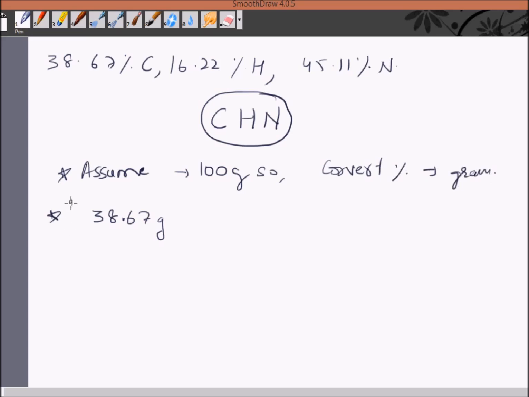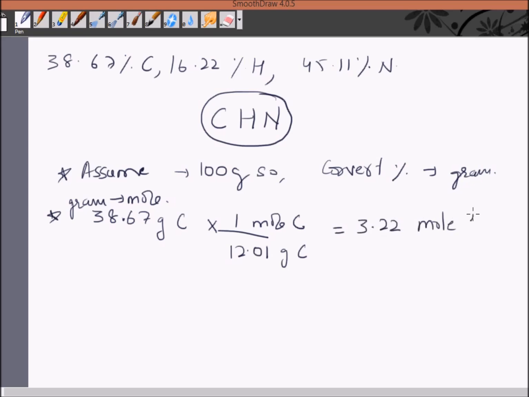Then we convert grams to moles. So it is carbon: 38.67 grams times 1 mole of carbon upon 12.01 grams. So what is the outcome? It will be 3.22 moles of carbon.